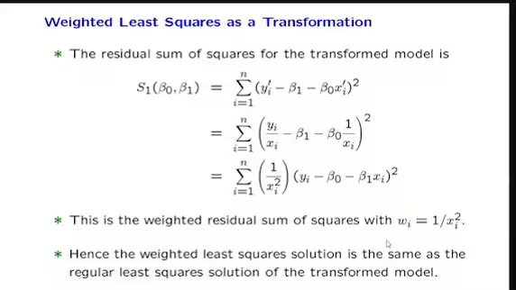And of course, the weighted residual sum of square, the weight now has that relationship, which means Wi equals 1 over Si squared. So take note of that. Hence the weighted least square solution is the same as the regular least square solution for the transform model. So the moment we have transformed the model, we are now back at what we were doing before, because we now fixed the violations.